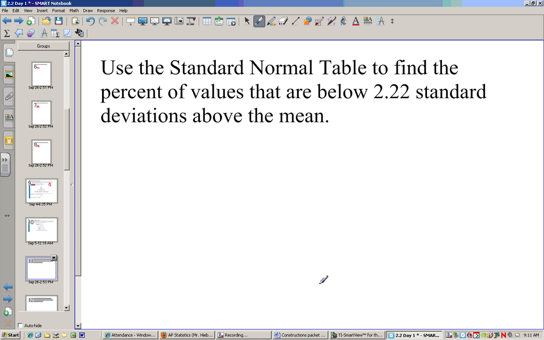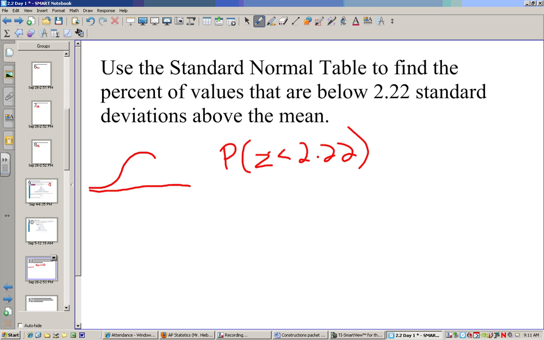So if we want to find the percent of values that are below 2.2 standard deviations above the mean, so we want to find the probability that my z-score is less than 2.2. Well, if I drew a quick sketch of my graph, 2.2 is going to be right here.